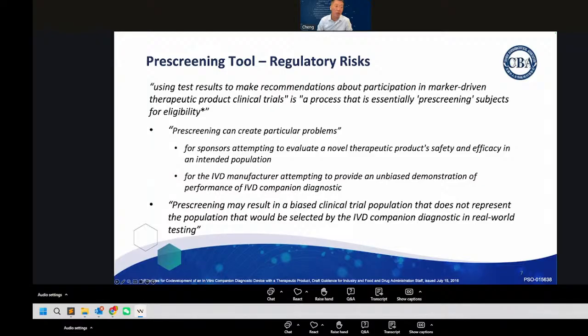Then the pre-screening can create particular problems, for example, for sponsors attempting to evaluate a novel therapeutic product for safety and efficacy in an intended patient population, and also for the IVD manufacturer attempting to provide an unbiased demonstration of performance of the IVD product. The pre-screening can result in a biased clinical trial population that does not represent the intended use patient population.